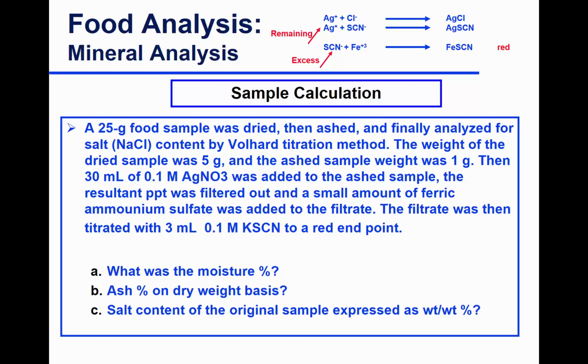I'll get the molecular weight, and then I can get the weight of the salt. So number of moles, remember, equals mass over molecular weight. I have the number of moles, I calculate the molecular weight, which in this case would be 58.5. So 0.0027 equals the mass that I need to find over 58.5.